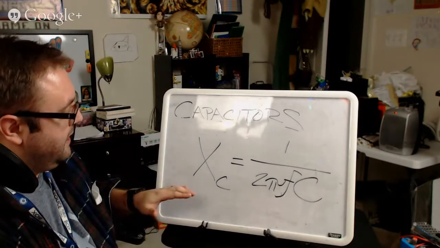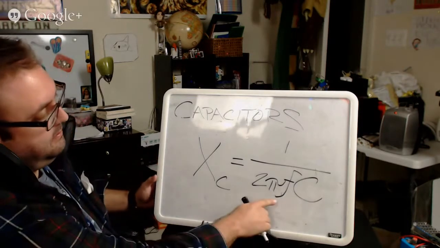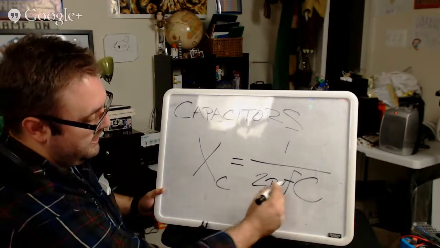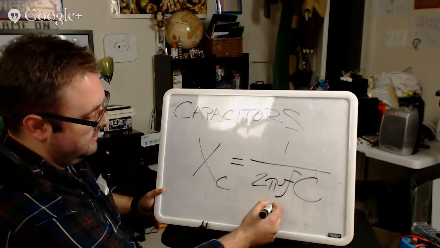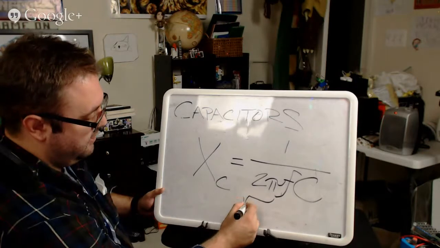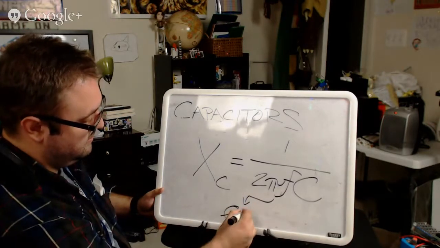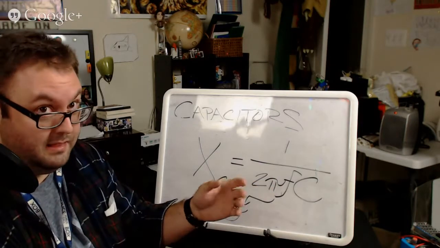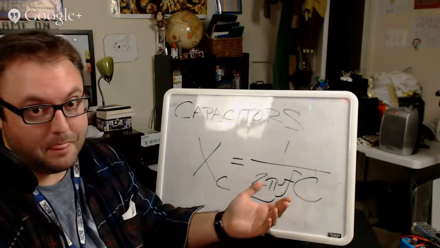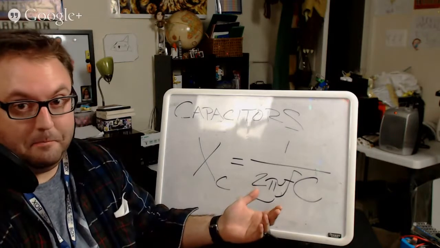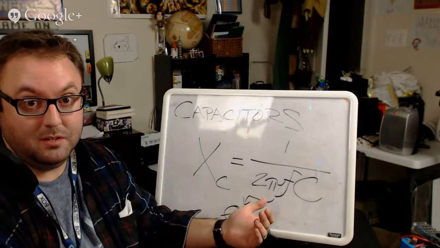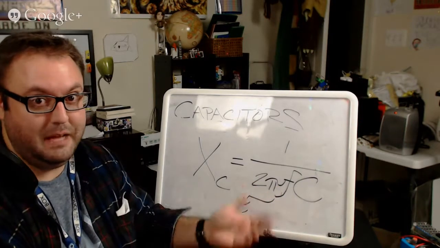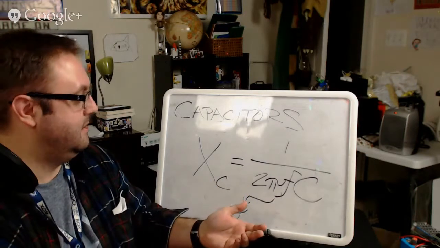So if you think about it, looking at just F here, the frequency, what happens if F goes to 0? This number gets really, really small. A frequency of 0, where it doesn't alternate back and forth, is DC.